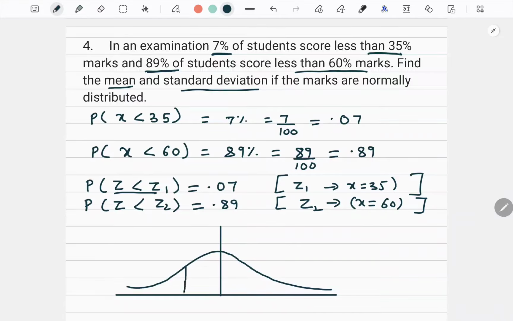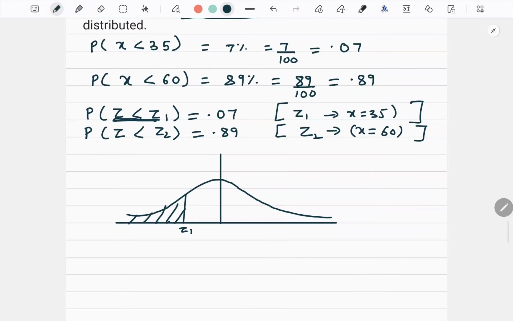So I'll place z1 here. Now if I place z1 here, what is the probability of z less than z1? This area. Now this area can be 0.07 because it is 0.5 minus something. So now this position of z1 is perfect. Correct? Now I am saying this is 0.07.